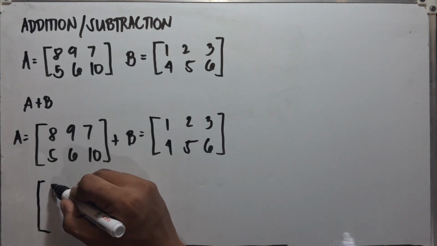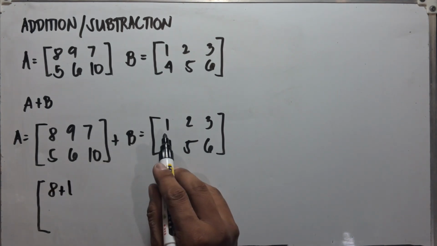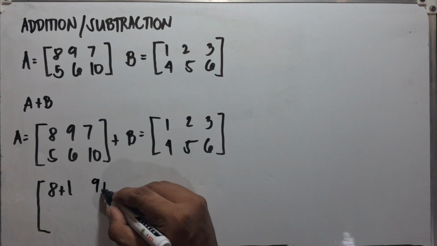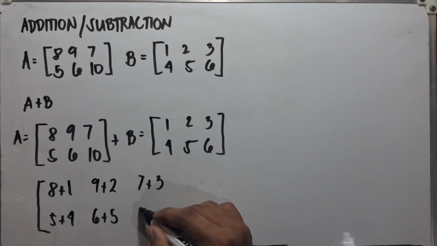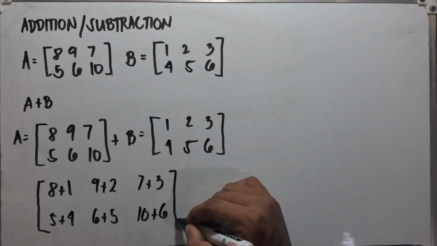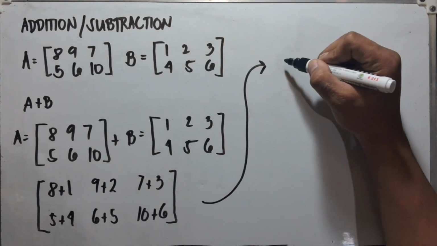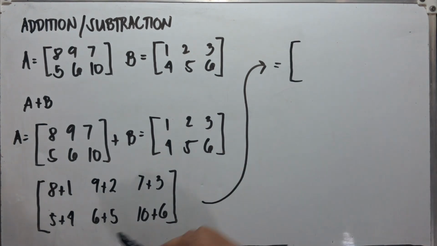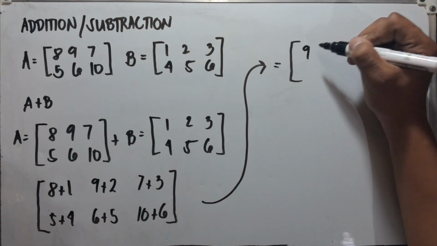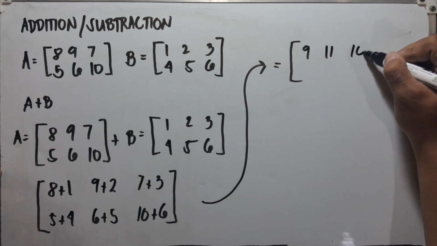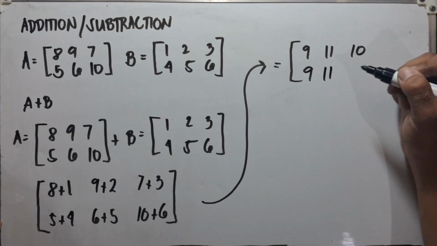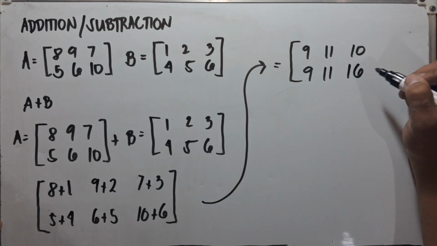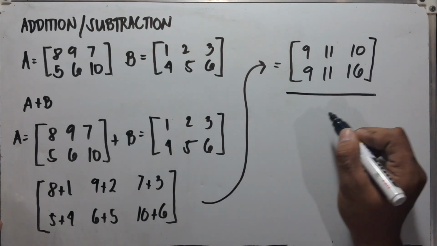We just simply add the corresponding elements of the matrices. For example, 8 plus 1, 9 plus 2, 7 plus 3, 5 plus 4, 6 plus 5, and 10 plus 6. Now just do the math and you'll have your final answer, which is 9, 11, 10, 9, 11, and 16. So that is your final answer.